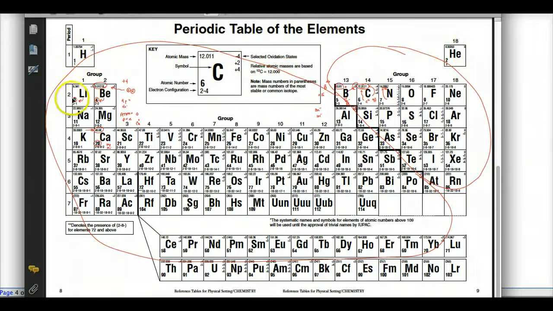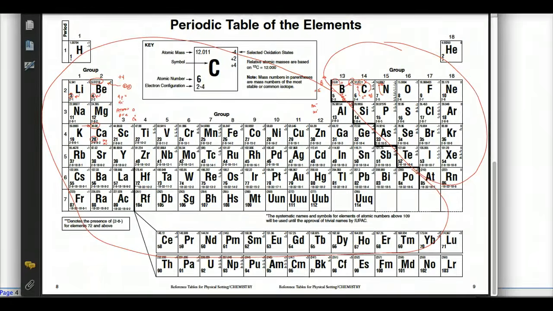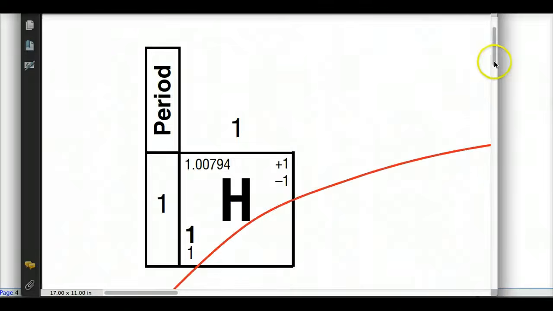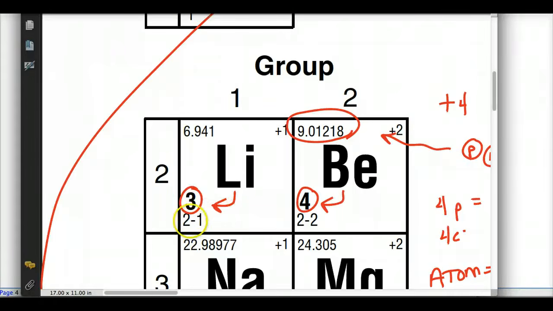The second is 8 electrons. All we need to do here is look at the configurations given to us by the reference table. That number below, 2-1, means there's 2 electrons in the first energy level and 1 electron in the third.